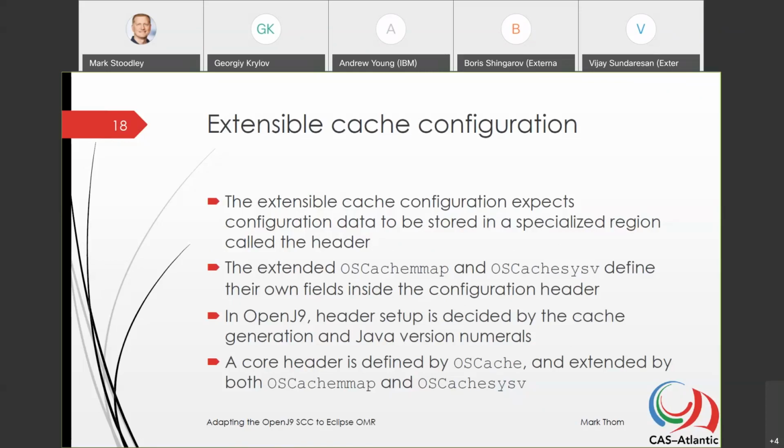We should note that the OS cache mmap and sysv, the previous persistent and non-persistent versions of the OS cache in OpenJ9, also, they both define their own fields inside of the cache header that they kind of append onto the core fields that the OS cache subclass supposes.